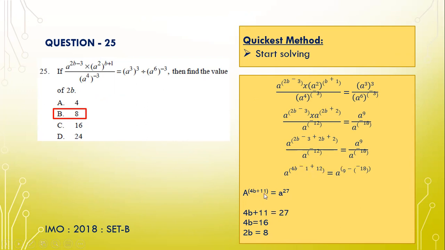So A raised to 4B plus 11 is A raised to 9 plus 18, which is A raised to 27. So 4B plus 11 is 27. So 4B is 16, and 2B is 8.